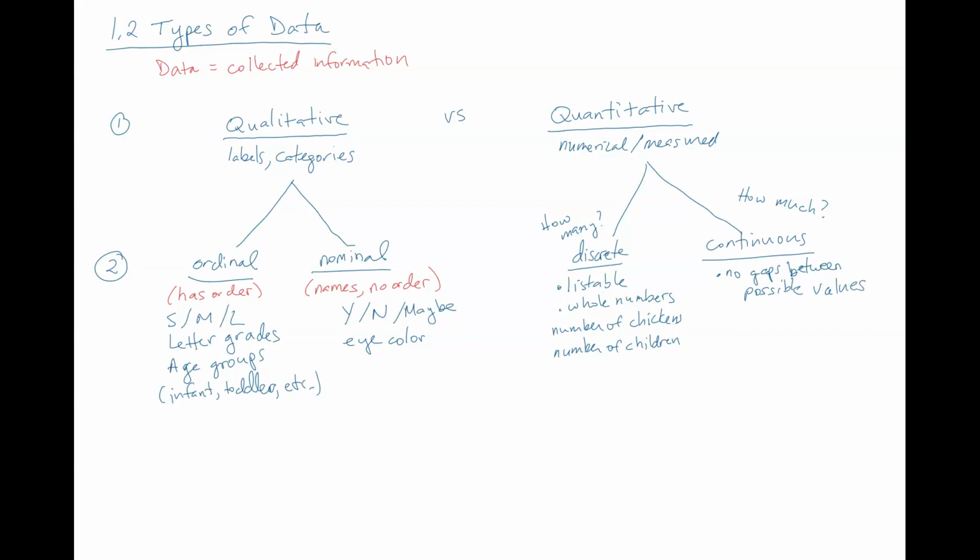And as up there, so countable, that's adding countable. I said listable before, but countable for discrete. Measurable for continuous. So some examples here might be heights and weights for continuous. All right, and that kind of wraps up my quick introduction.